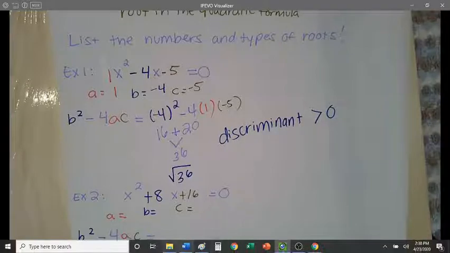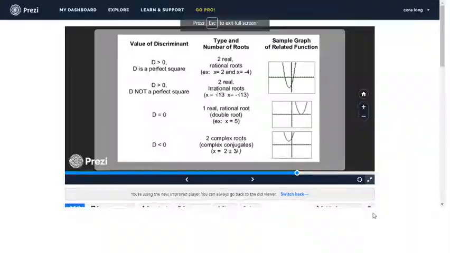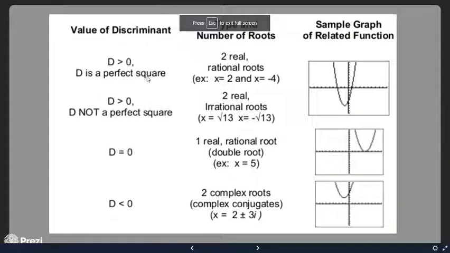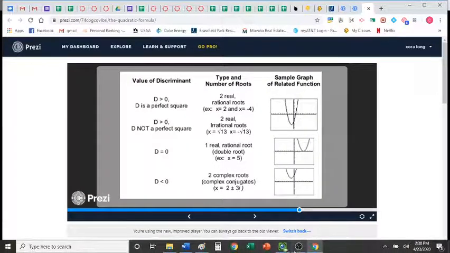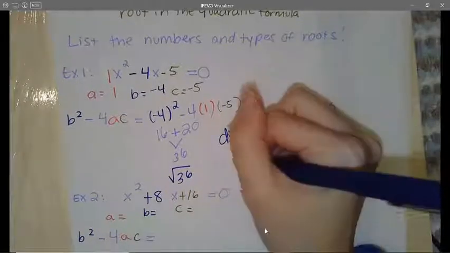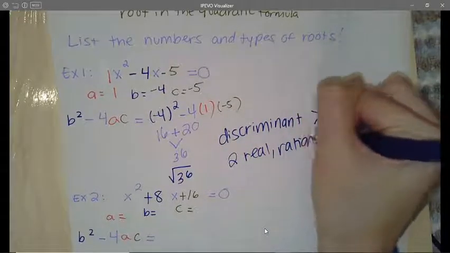Okay, so knowing that, let's look at our little cheat sheet real quickly. So if we end up with a perfect square, which we did, and a positive discriminant, that means we're going to end up with 2 real rational roots. So that would simply be my answer. So my final answer, the discriminant tells me I'm going to end up with 2 real rational roots.